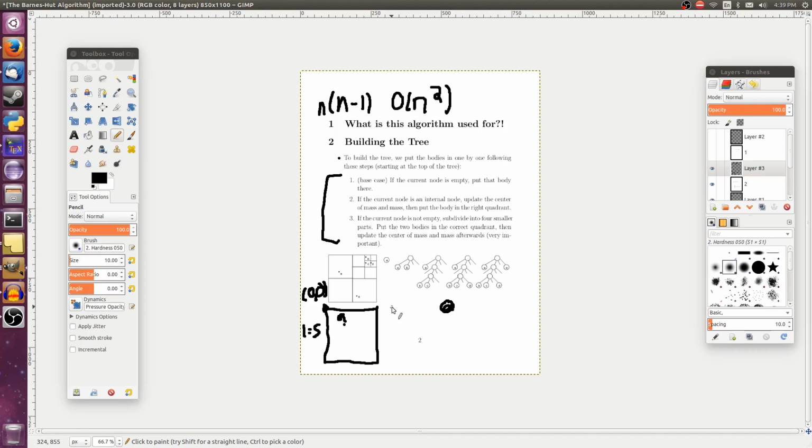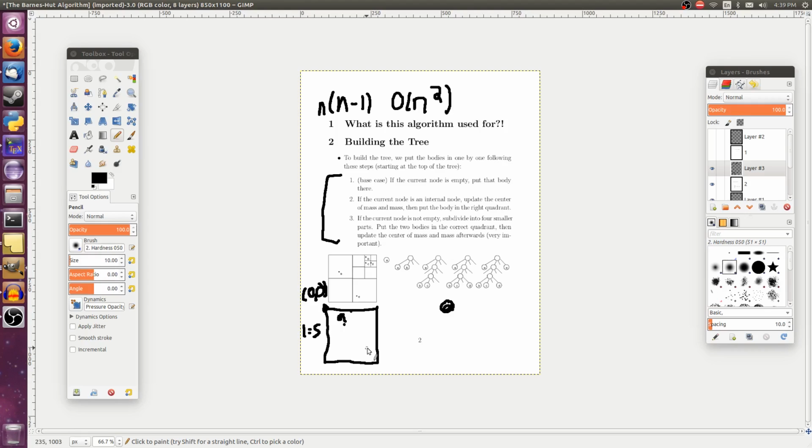So now that we get the basic idea of what each node is going to represent, we can go to the second step of our algorithm. So if the current node, remember we're starting at the top node and going down, is an internal node, in other words, if it doesn't directly contain a body, it just contains other nodes.